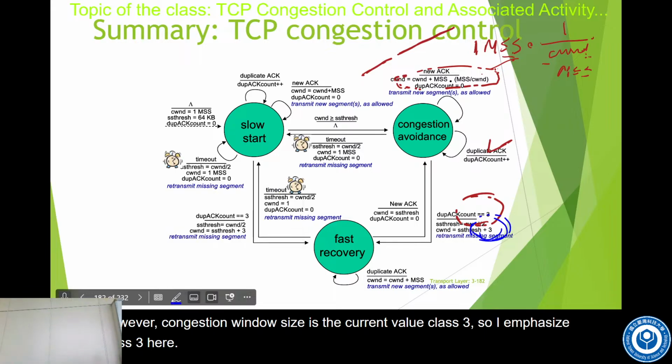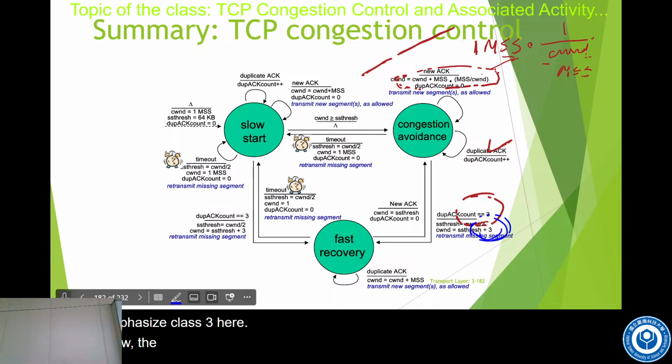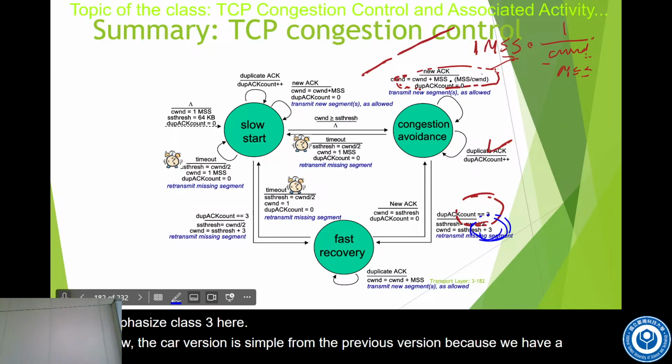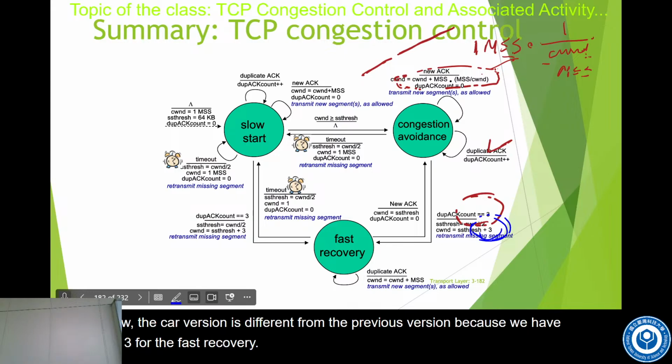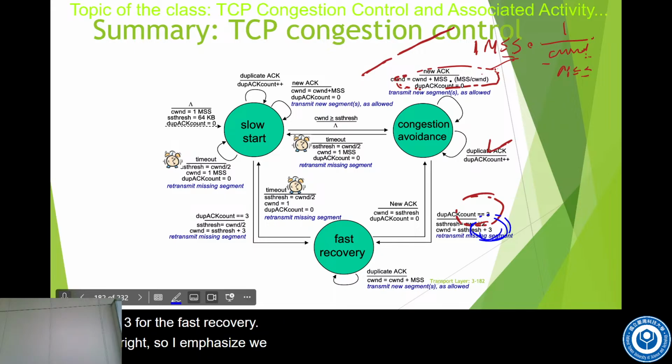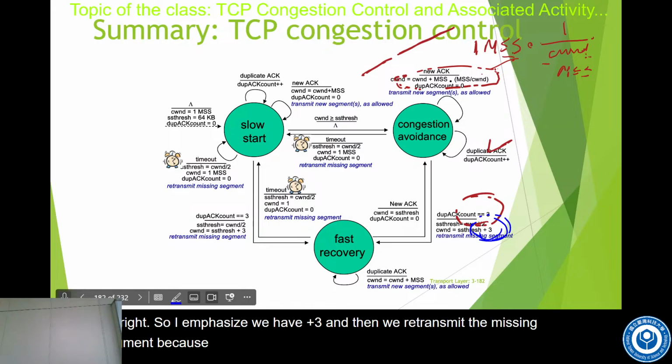Well, the current version is different from the previous version because we have plus 3 for the fast recovery. Alright, so I emphasize we have plus 3. And then we retransmit the missing segment because of the fast retransmission.